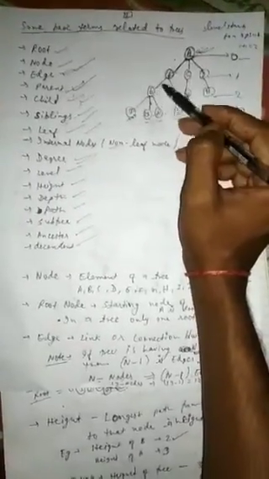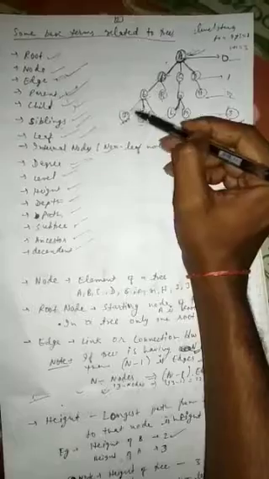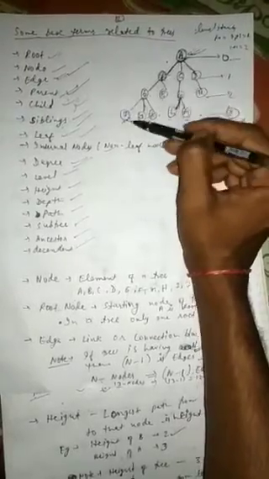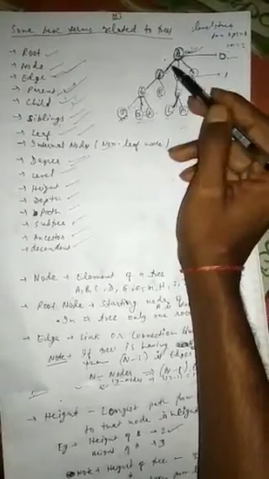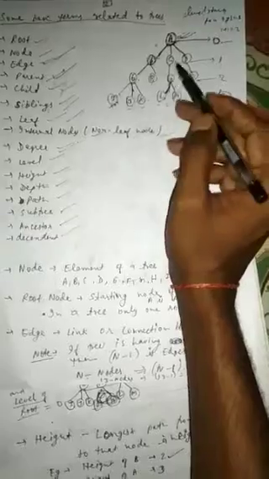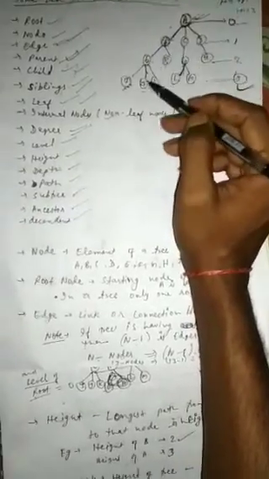When we check here also, I, E, B, A, 1, 2, 3. Here also 3. So the maximum number of nodes in the longest path is 3. So that's why the height of A is 3.